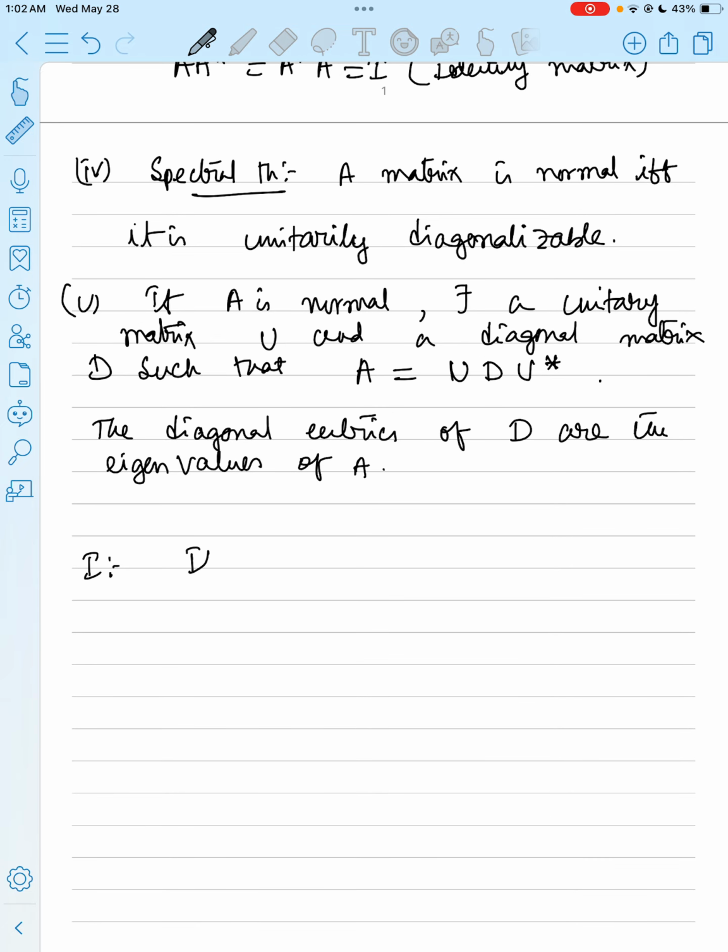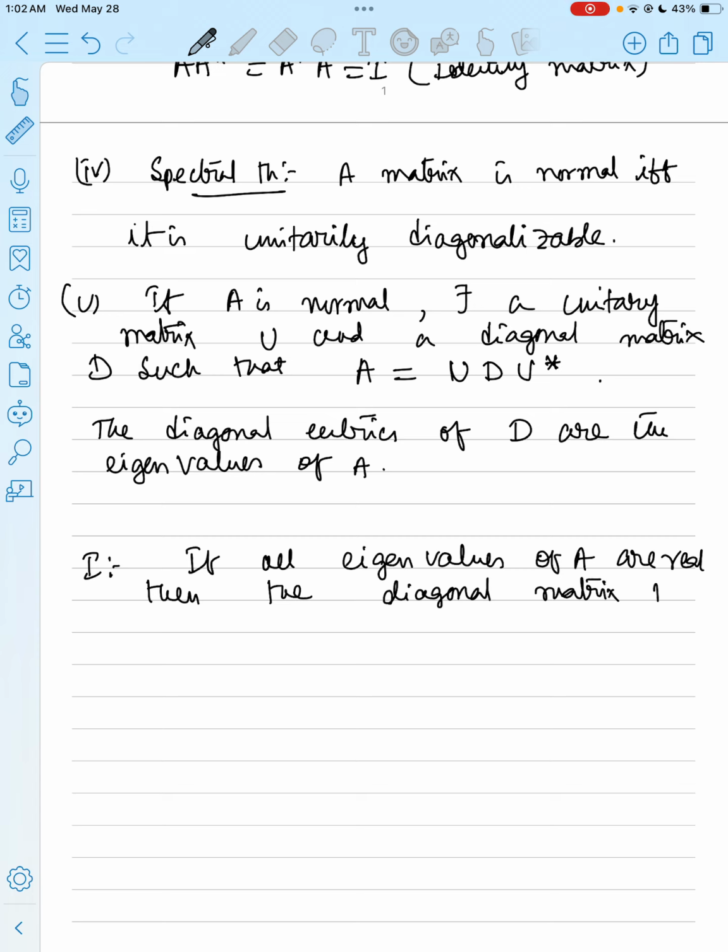Now if all eigenvalues of A are real, then the diagonal matrix D, which is the spectral decomposition, has real entries.